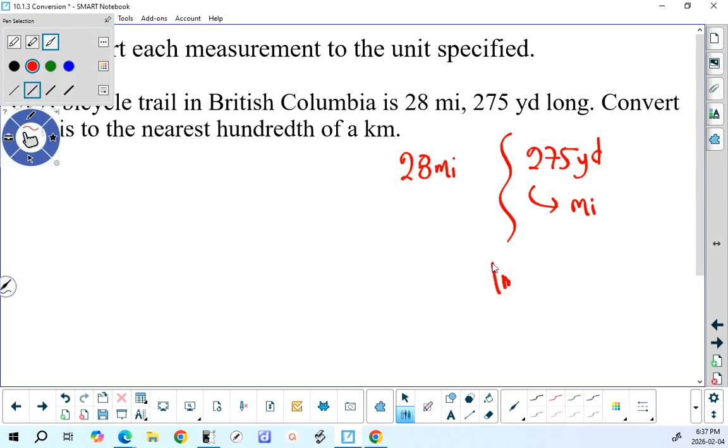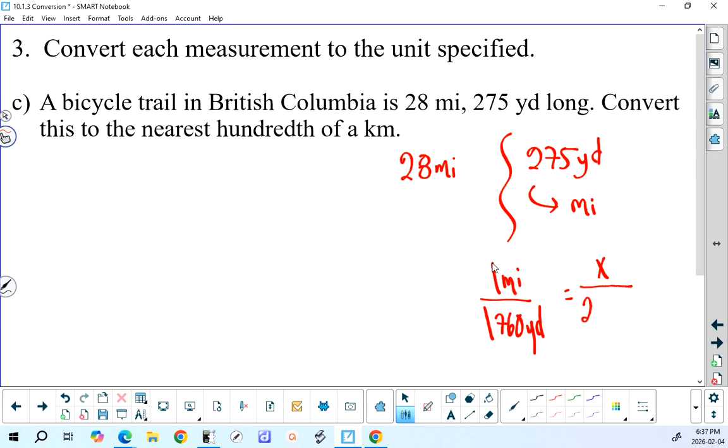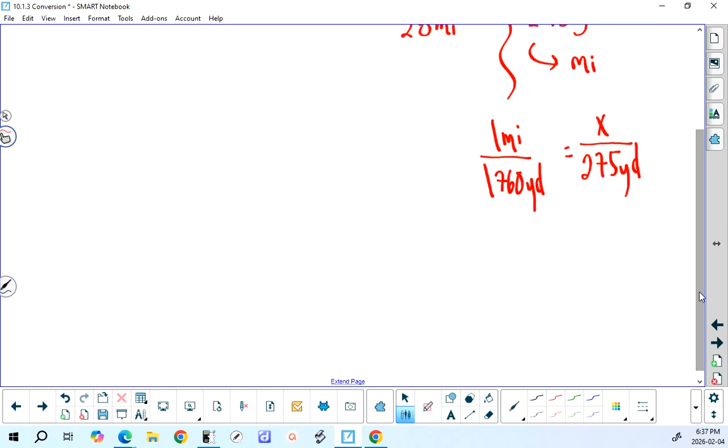1 mile is 1,760 yards equals X miles over 275. When you cross multiply, you'll get 1,760 yards times X, which is 1760X, equals 275 times 1.